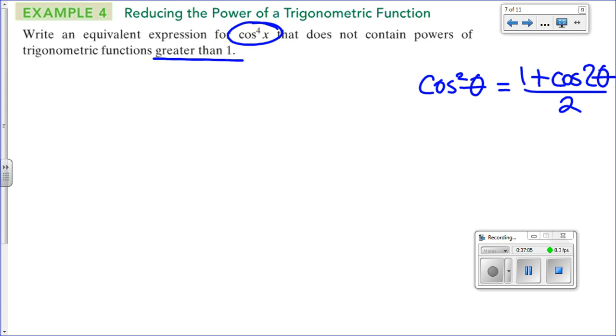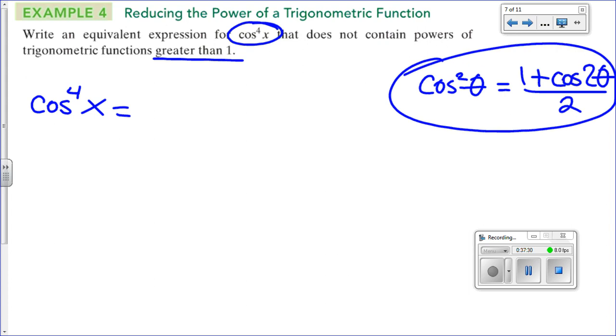But the trick is that we're going to have to do it twice. Why do we have to do it twice? The power is 4, right? So you reduce it from power 4 to power 2. And then from power 2, we'll reduce it to power 1. So cosine of the 4th power of x is going to be, I'm going to follow this formula here, guys, 1 plus cosine of what?